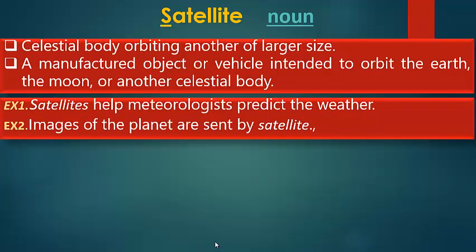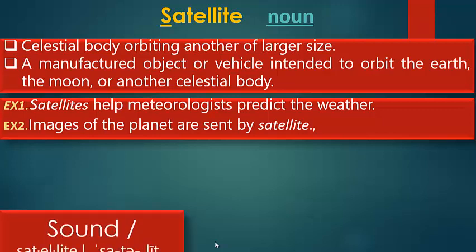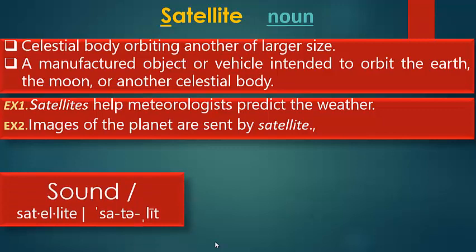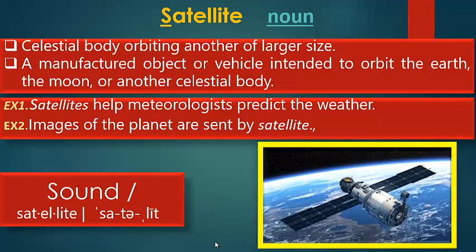Example: satellites help meteorologists predict the weather. Example 2: images of planets are sent by satellites. Sound: satellite. This is a satellite around the earth.